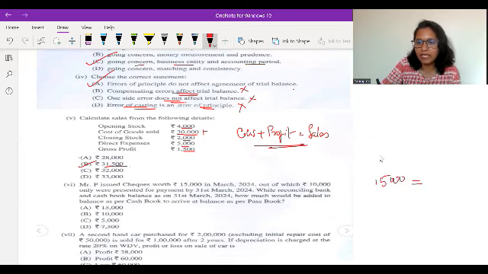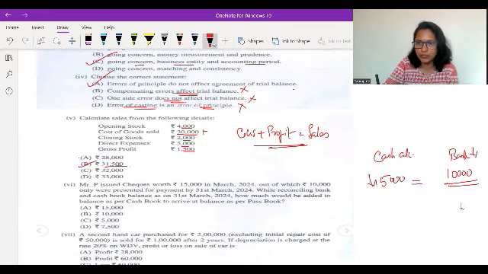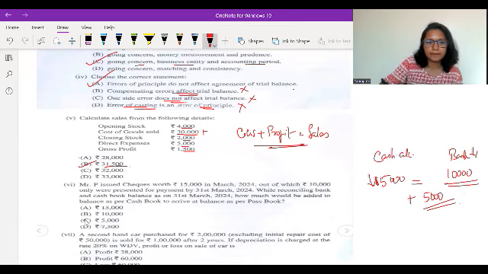In my cash account, in my books, I have reduced 15,000, but only 10,000 got cleared. So in my bank passbook, only 10,000 is reduced. Here I have reduced 15,000. So how much should I add back to match with my bank? I need to add back 5,000.